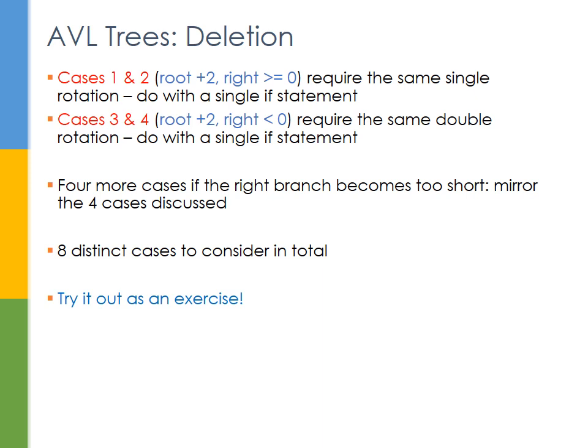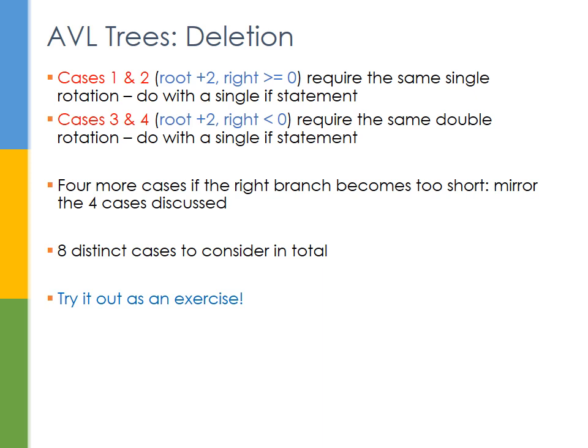The only difference between the 2 cases is how the balance factors are updated. Cases 3 and 4 also both require the same kind of rotation, in this case a double rotation. So again, you can deal with these 2 cases via a single if statement. The only difference is how the balance factors are updated.